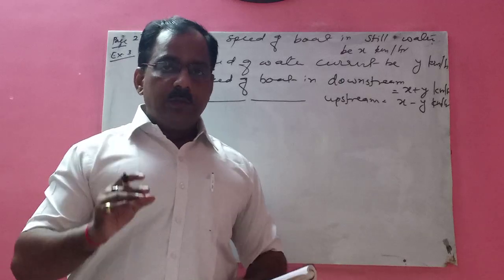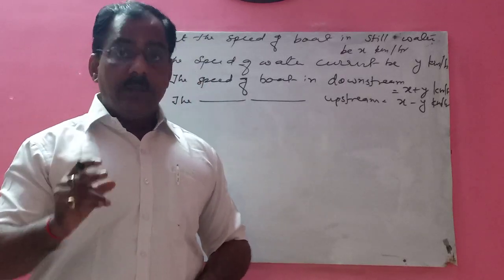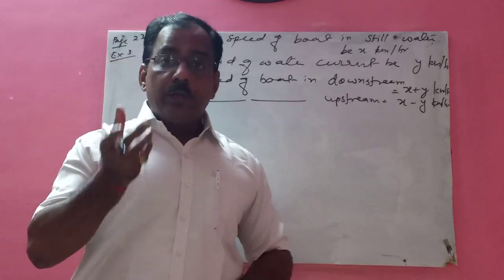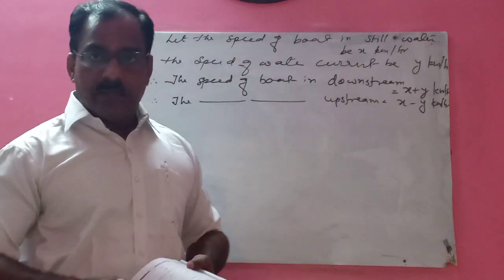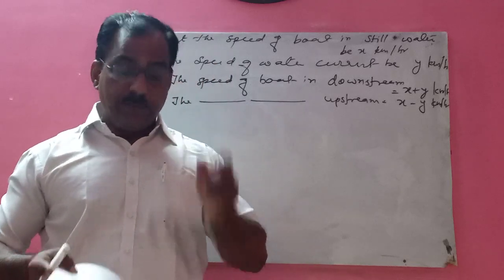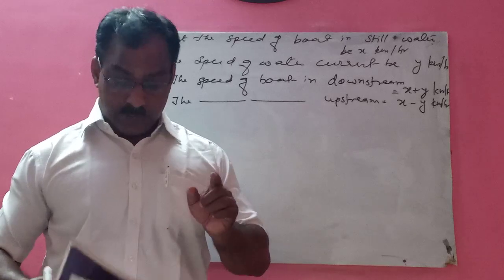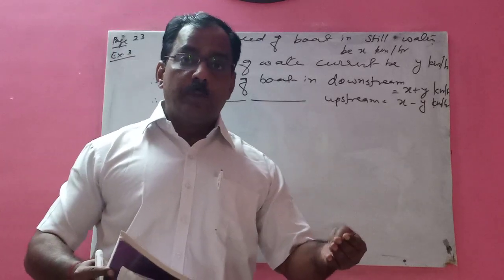What you should find out is the time taken by the boat to cover 24 kilometer with this speed, x minus y. They have given the total time: 16 kilometer upstream and 24 kilometer downstream.